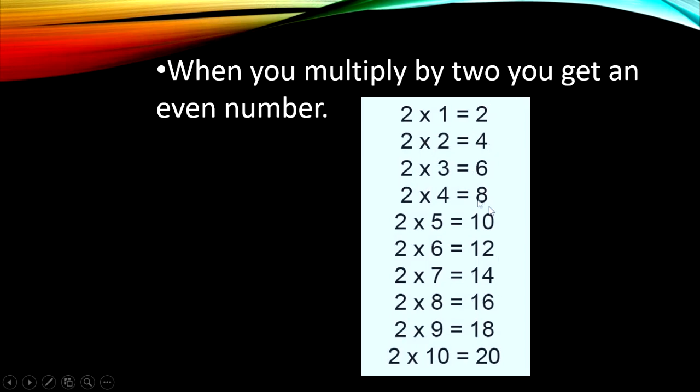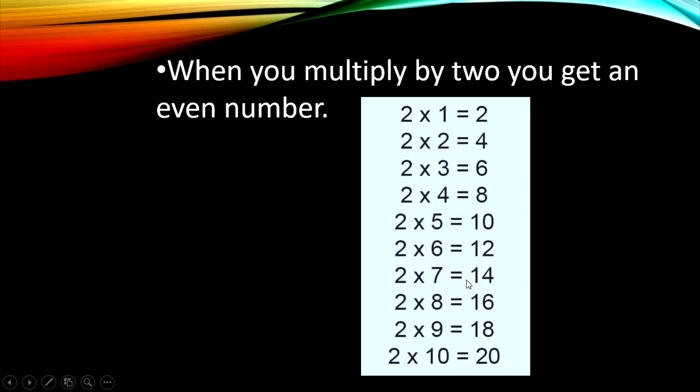All of them are even numbers. 2 times 1 is 2. 2 is an even number. 2 times 2 is 4. 4 is an even number. 2 times 3 is 6. 6 is an even number. 2 times 4 is 8. 8 is an even number. 2 times 5 is 10. 10 is an even number. 2 times 6 is 12. 12 is an even number.